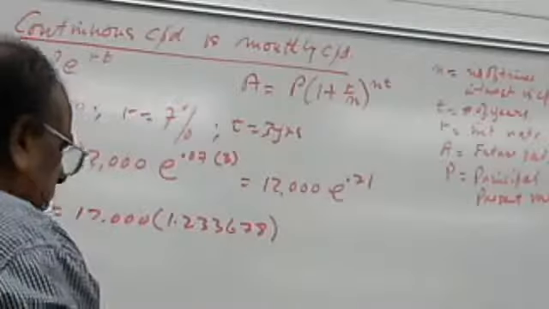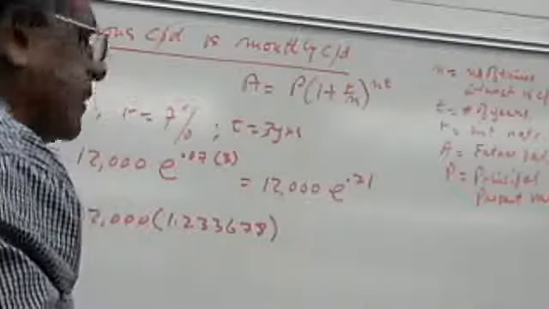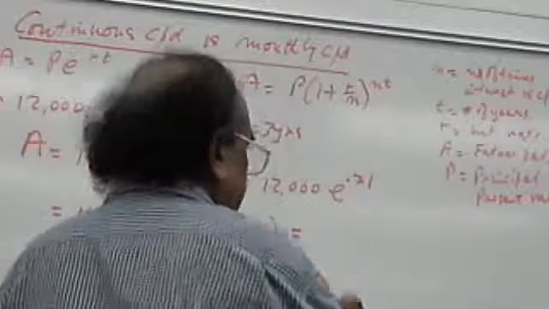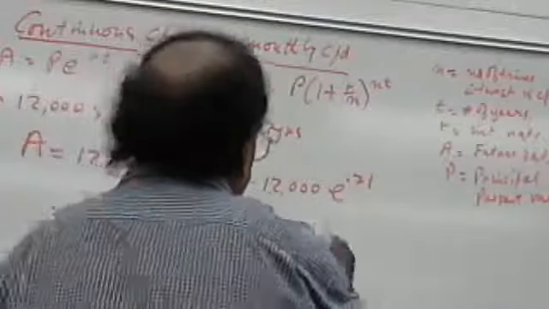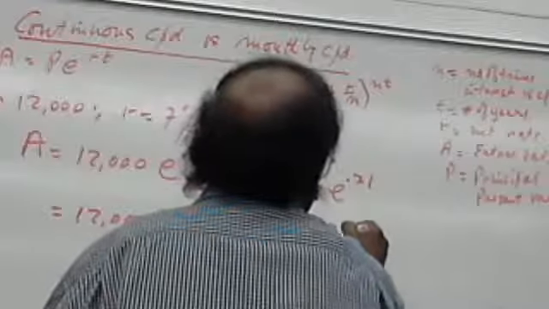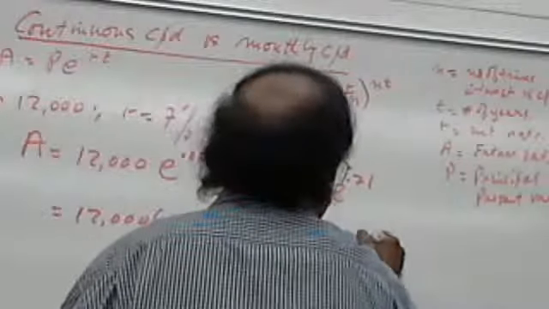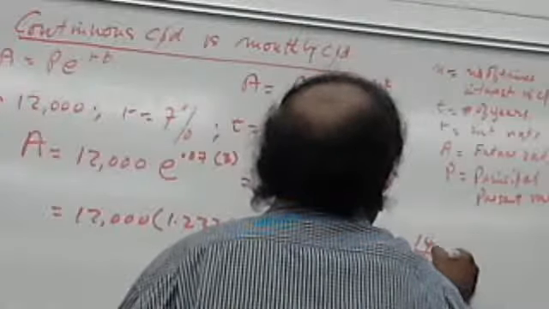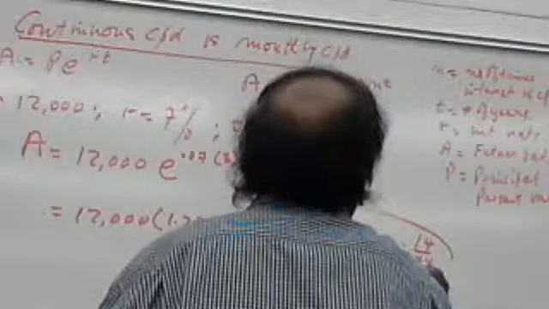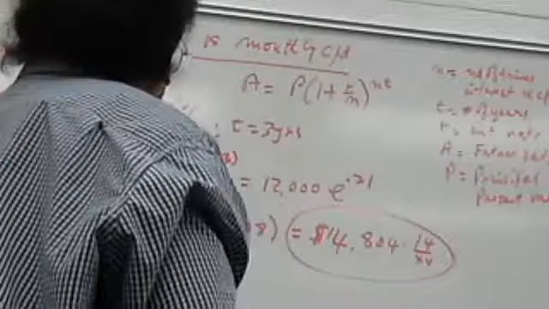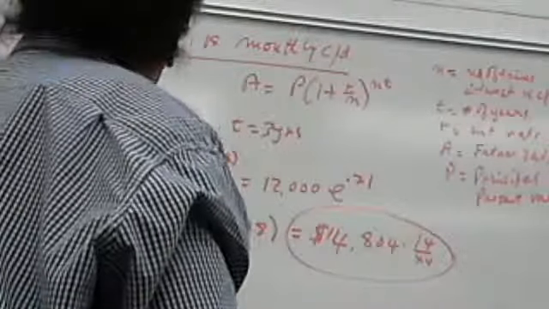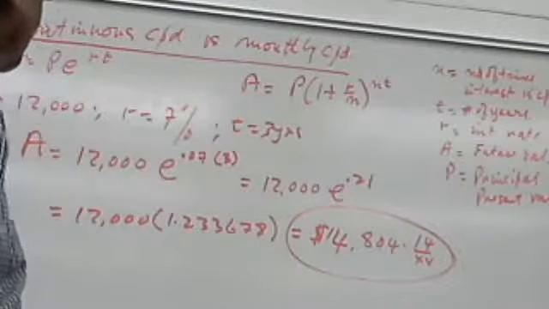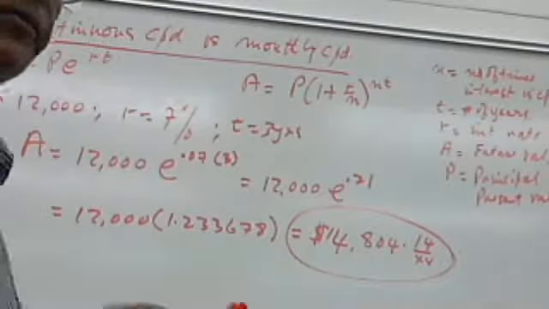You can leave it there rather than write more. And then we just multiply through, and this is going to give you $14,804.14. And this is your future value, which you get from investing $12,000 at a rate of 7% compounded continuously for 3 years.